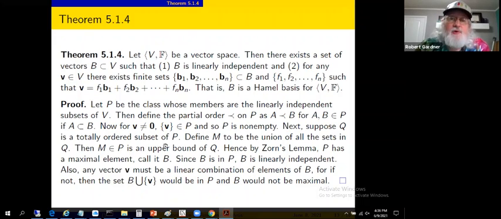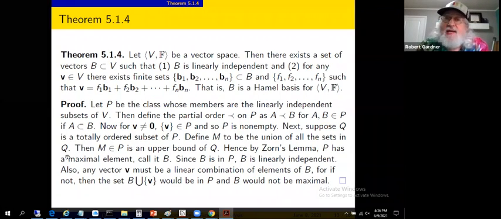So suppose Q is a totally ordered subset of P. Define M, for kind of like maximum, to be the union of all of the sets in Q. So we're unioning up all sets in Q. Well, then M is an element of P. Q is a totally ordered subset of P, meaning we've got a collection of linearly independent sets. They're nested because of the total ordering, which we're taking as subset inclusion.